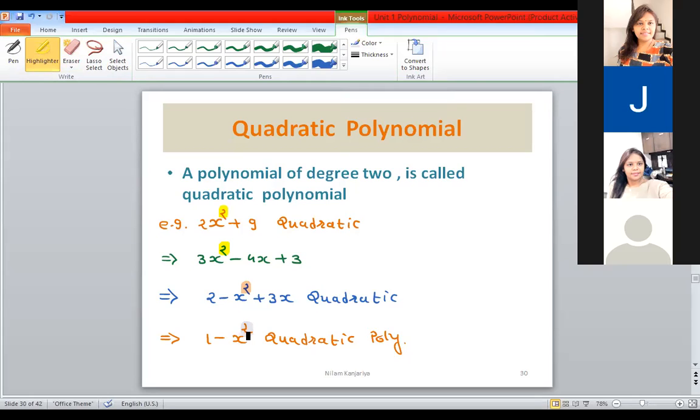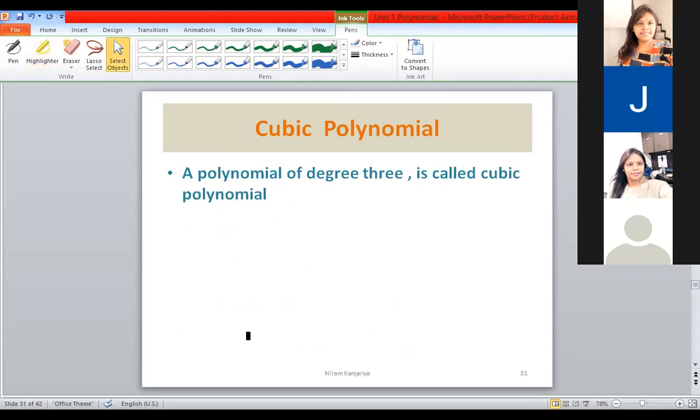Now the third definition, and this is the last definition for today: cubic polynomial. A polynomial whose highest degree is 3 is known as a cubic polynomial. I will give you the example, not ask you. 4x cube minus 9 is a cubic polynomial.